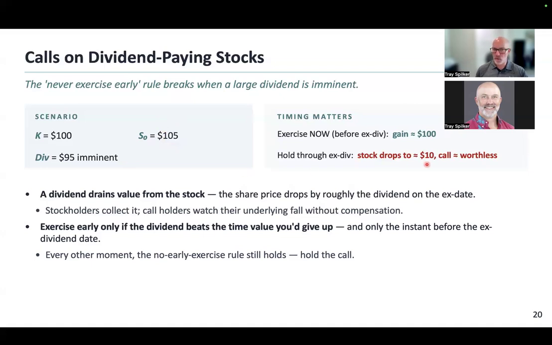The call is effectively worthless at that point. So that's a situation in which we would want to exercise early to take advantage of that dividend. It only makes sense if it beats the time value that we give up, so it's more about judgment in this case, but it seems rather clear to me that this would be a situation in which you'd want to exercise early to receive this.